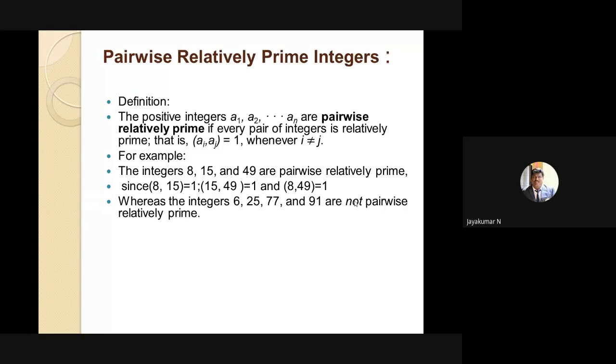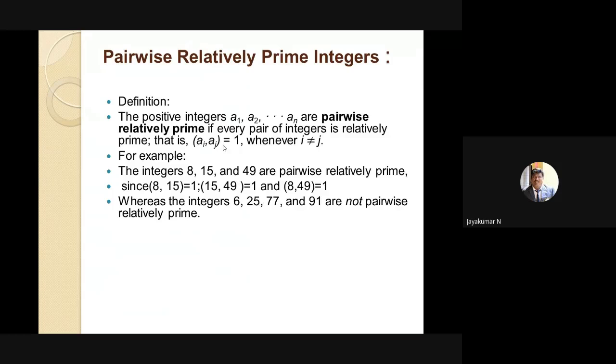Now suppose I choose 6, 25, 77, 91. These are not pairwise relatively prime. If we choose 6 and 25, the GCD is 1. If we choose 6 and 77, the GCD is 1. If we choose 25 and 77, the GCD is 1. If we choose 6 and 91, the GCD is 1.